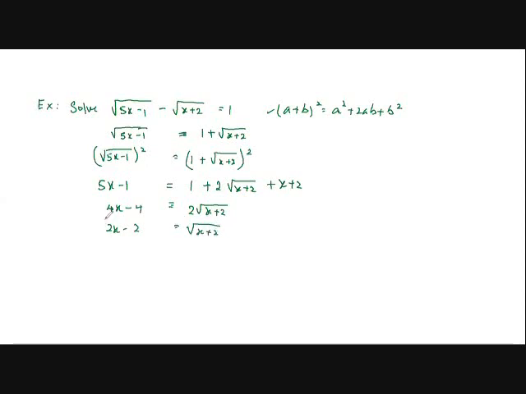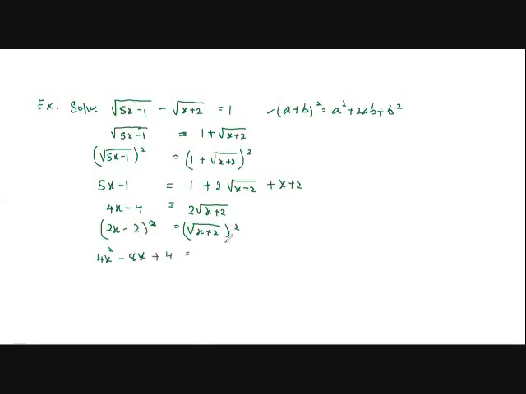Then now we can square it. Squaring again, on the left hand side use the formula. So a squared becomes 4x squared, minus 2ab, 2 times 2 becomes 4, and times 2 makes 8x, plus 4.